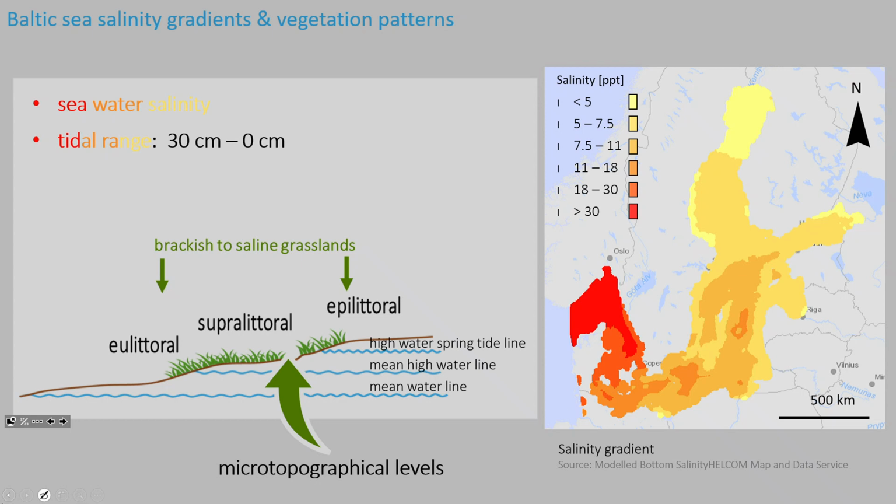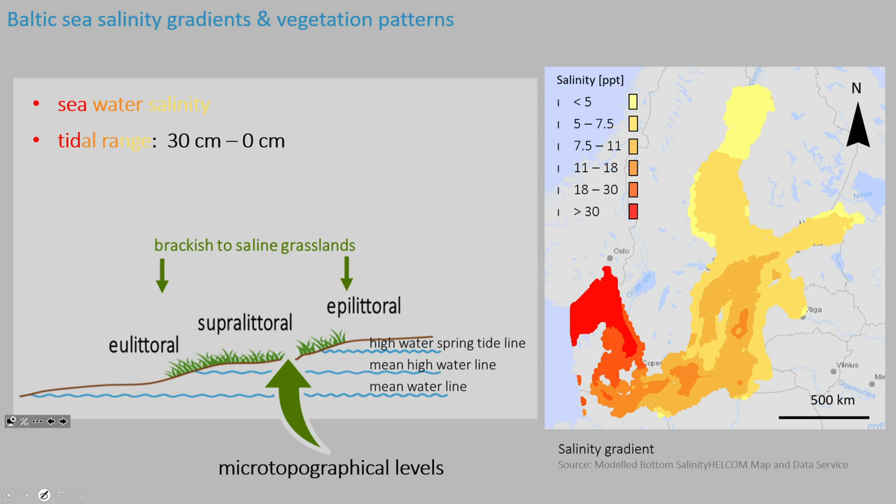So it's true, most of it is rather in a brackish condition, but due to the opening towards the North Sea, we have a high gradient from the southwestern corner of the study area to the very northern tip, from higher salinities in the seawater that also affect, of course, the coast, to almost freshwater conditions in the very north.